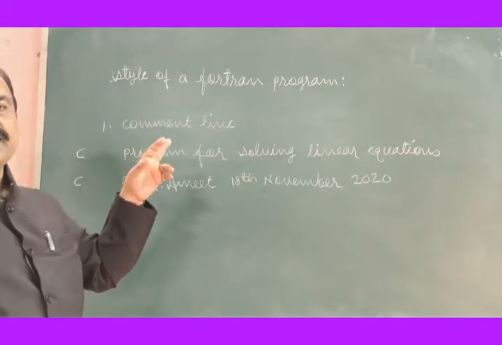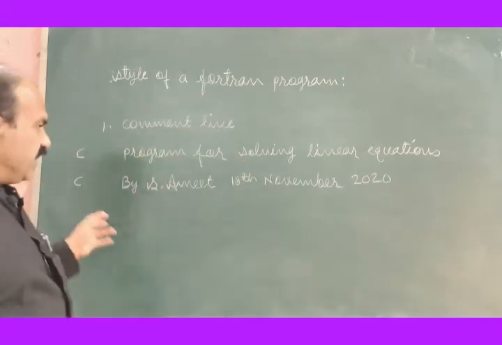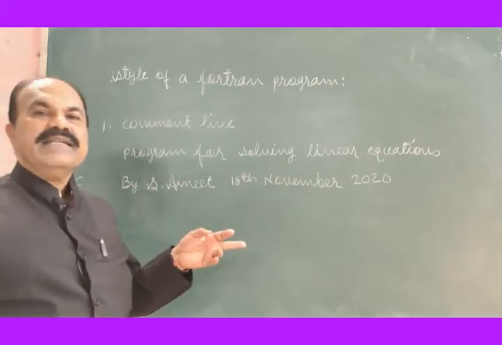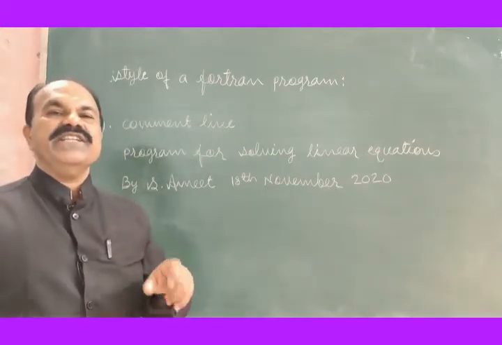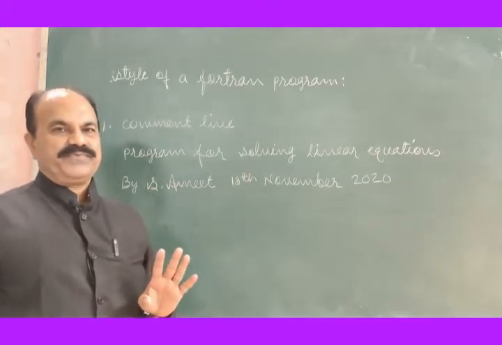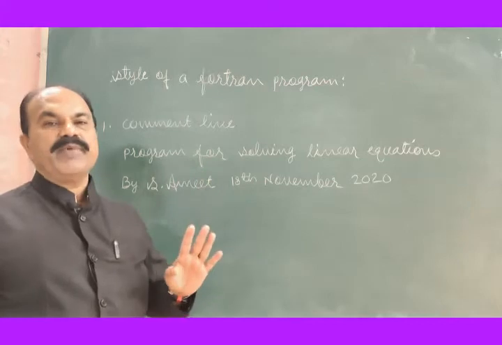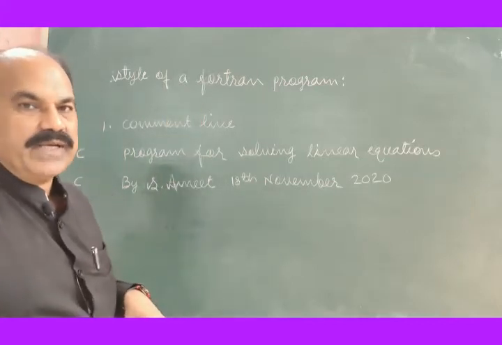First comment line explains in short the purpose of the Fortran program. Second comment line gives us name of the developer and the date on which the program is developed. So, this thing is to be remembered when we talk of style of Fortran program.